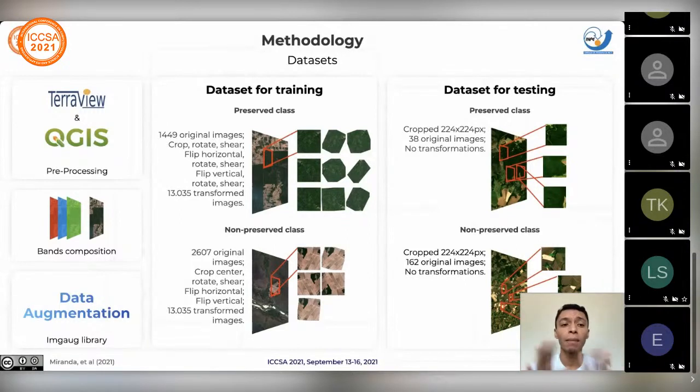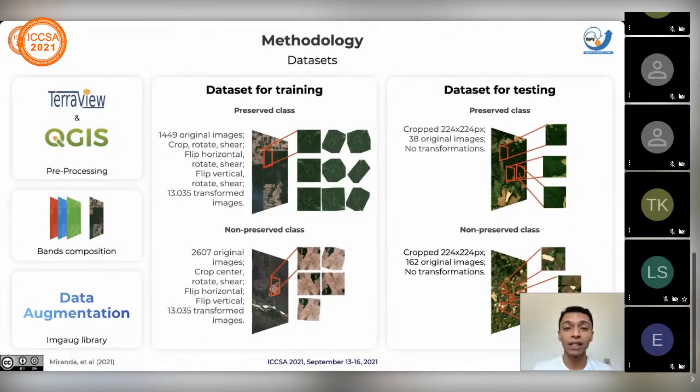Given the difference in the amount of data between the two classes, we implemented a static data augmentation method using tools from the Imgaug library. This way, we considered 9 transformations for the first class and 5 for the second class.